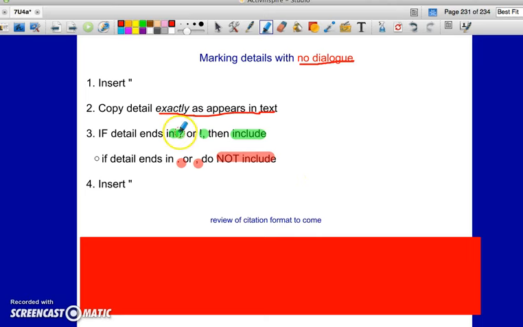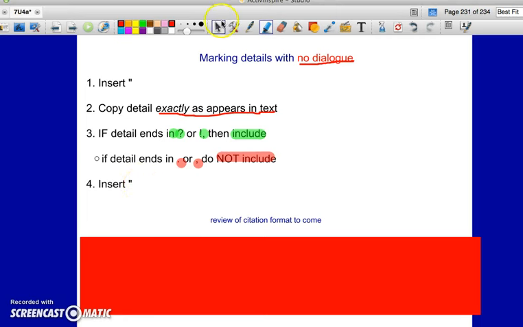Okay? So in other words, look at this color coding system. If it's in green, so question mark and exclamation point, put it in. If period or comma at the very end, then do not include it. Again, after you're totally done with that piece of explicit evidence, put your quotation marks, and you're almost good to go.